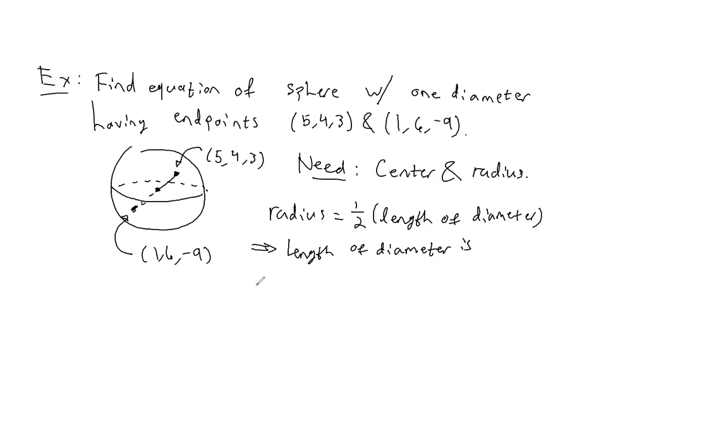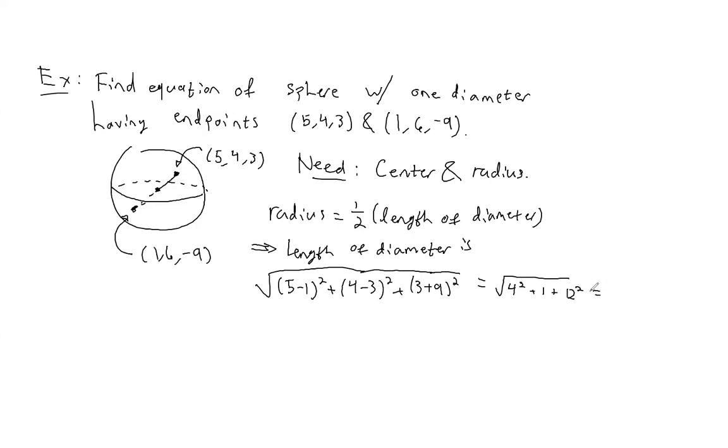So in other words, it's the square root of (5 minus 1) squared plus (4 minus 3) squared plus (3 plus 9) squared, right? Or in other words, the square root of 4 squared plus 1 plus 12 squared, or 144 plus 16.